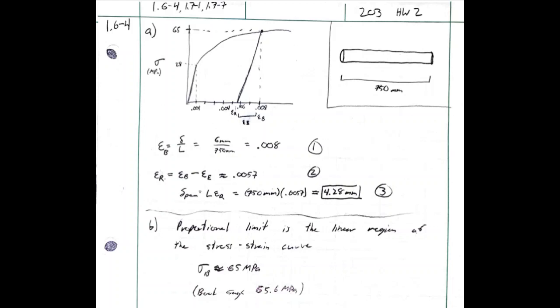Because the bar is starting at the bottom of that big long straight line, and if we stress it, it's going to go all the way up to the big dot at 65 megapascals before it starts on that curved line again. So by stretching this beyond its proportional limit, we actually increased its proportional limit, which is an interesting thought. The book gives 65.6 megapascals, but the graph isn't that clear. So if you're around 65, just by inspection, then you're good.